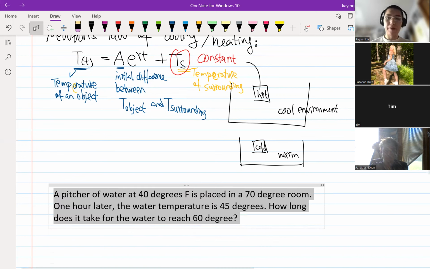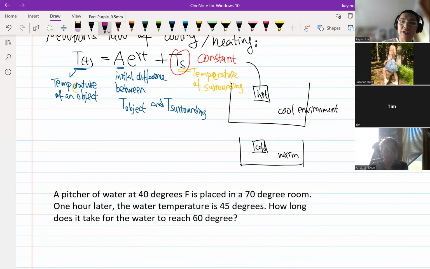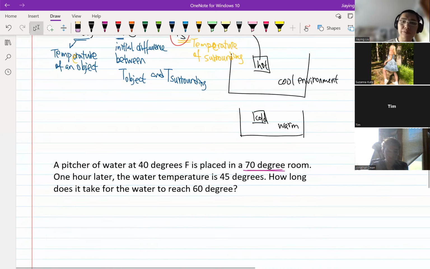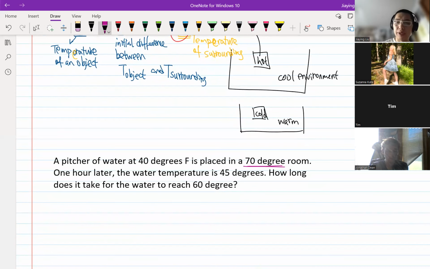That's better. So it says a pitcher of water at 40 degrees is being placed into a 70-degree room. So we can imagine this is the room, and a pitcher at 40 degrees is being put into the room that's 70 degrees Fahrenheit.